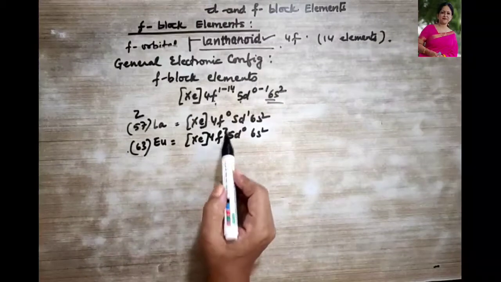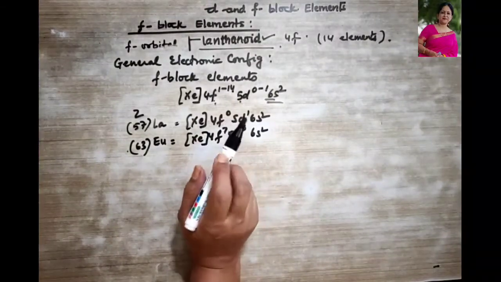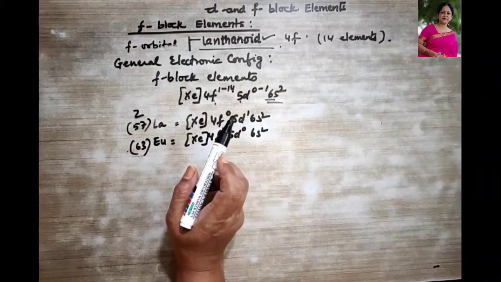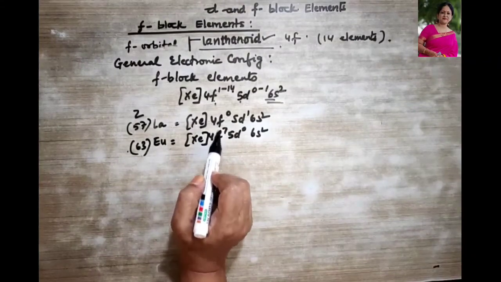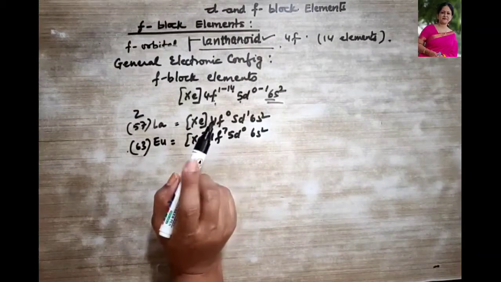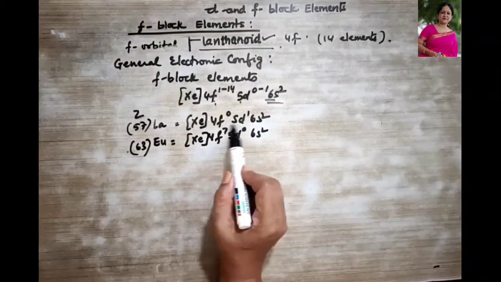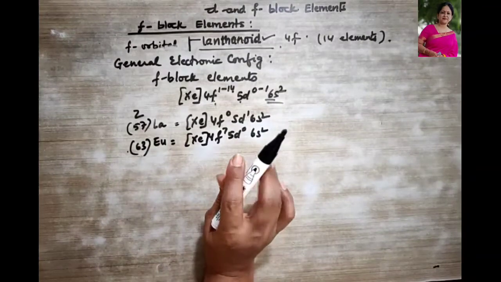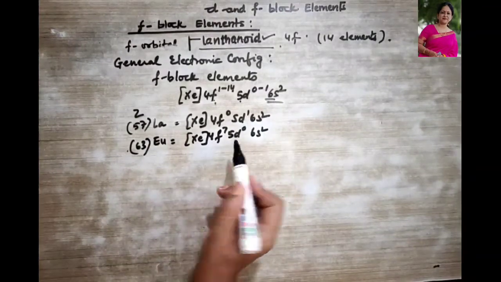So what did we see over here? What did I tell you? That with the 4f and 5d orbitals, the filling of the electrons in the 4f orbital is quite irregular. Why so? Because of the similar energies which are found in the 4f and 5d orbitals. So this is what you can see.